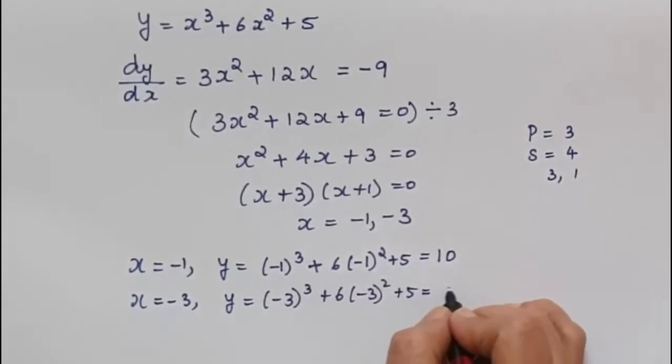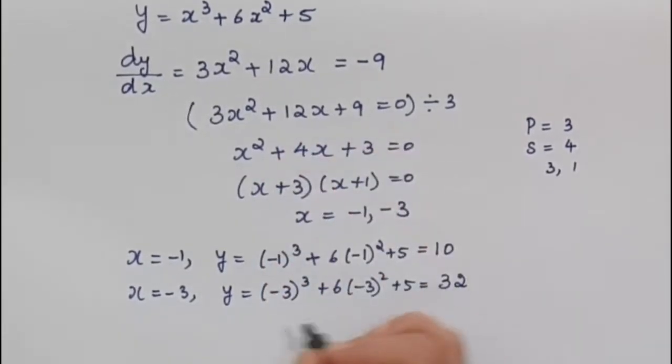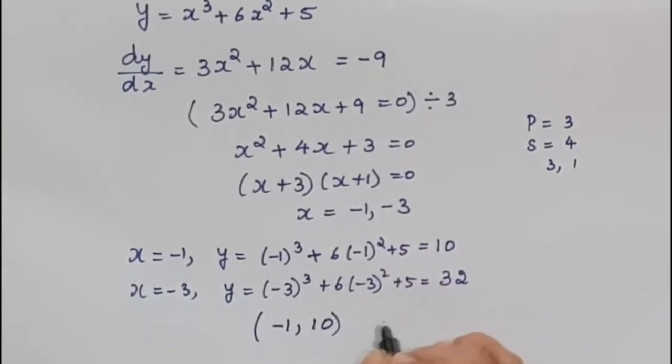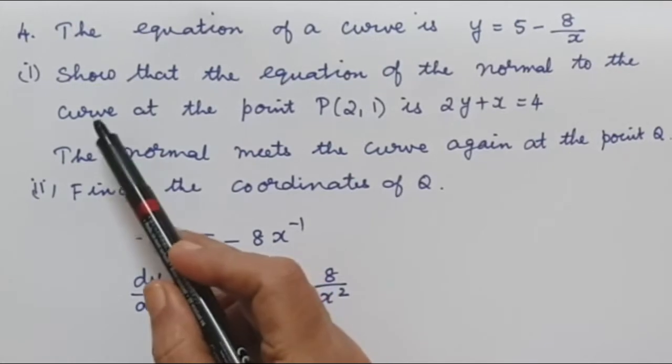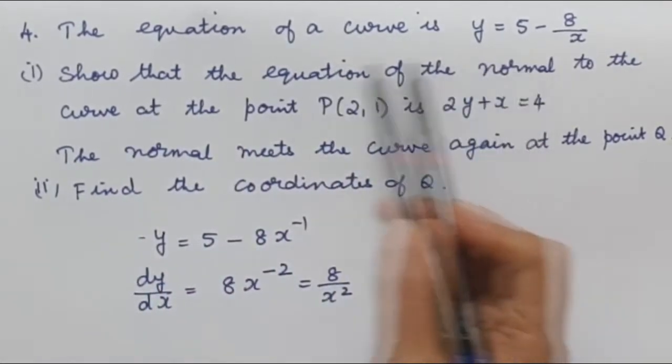When we simplify this, we get it as 32. So, when the gradient is minus 9, the coordinates are (minus 1, 10) and (minus 3, 32). The fourth question, the equation of a curve is y equal to 5 minus 8 over x.